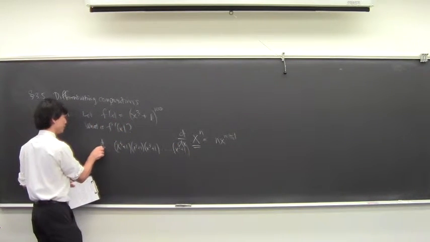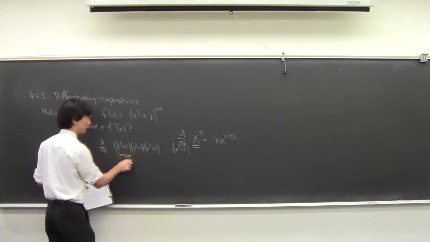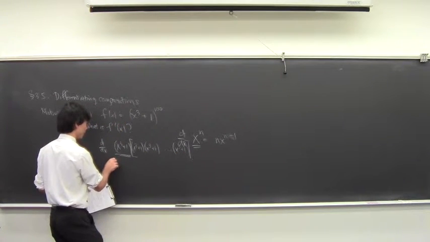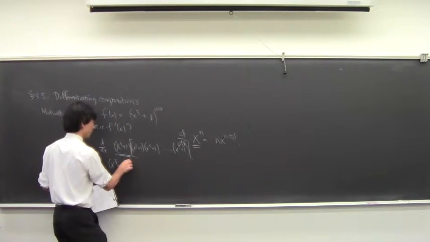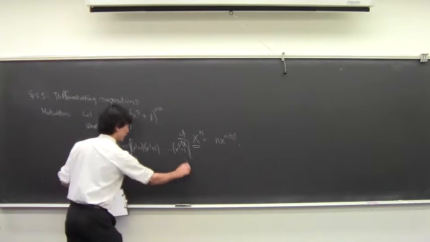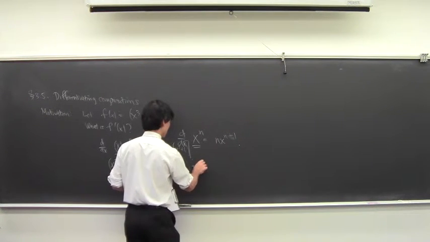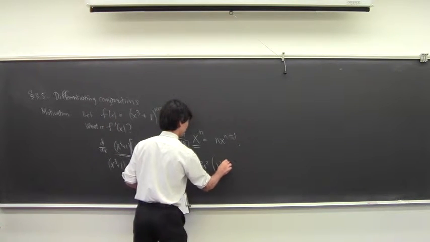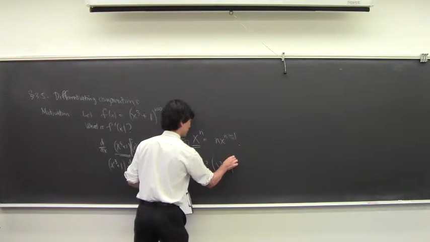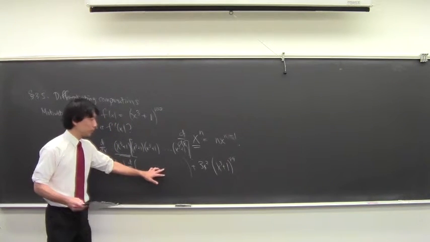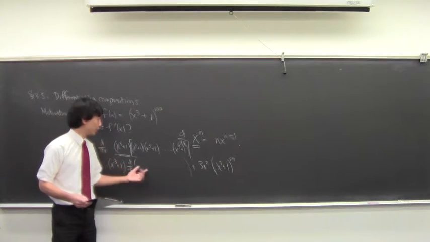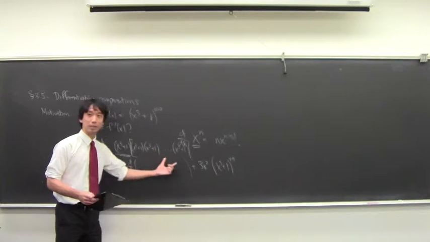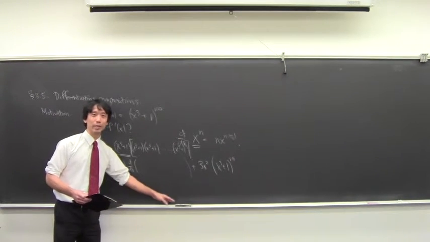And then say the derivative of that is the first guy times the derivative of the second guy, plus the derivative of the first guy times the second guy. And then you could keep on going, iterating all the way down.